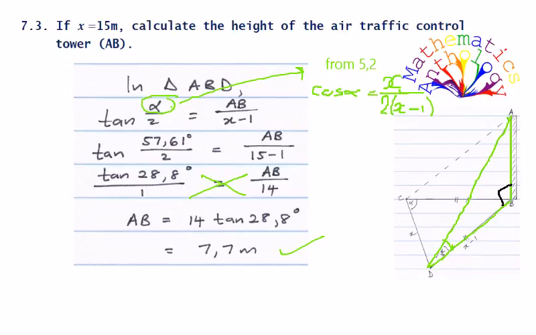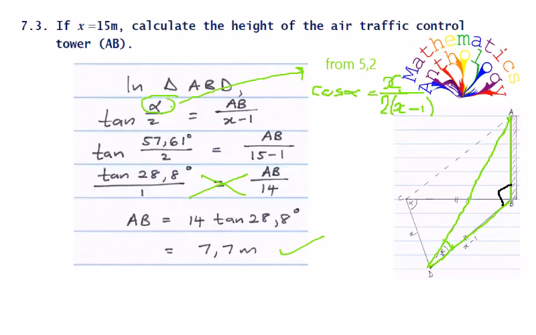If we substitute 15 into the answer from 7.2 and cos inverse that answer to get alpha, you'll get alpha equal to 57,61 degrees. So we can substitute that into this equation. So tan of 57,61 degrees over 2 is equal to AB over 15 minus 1 because x is 15.